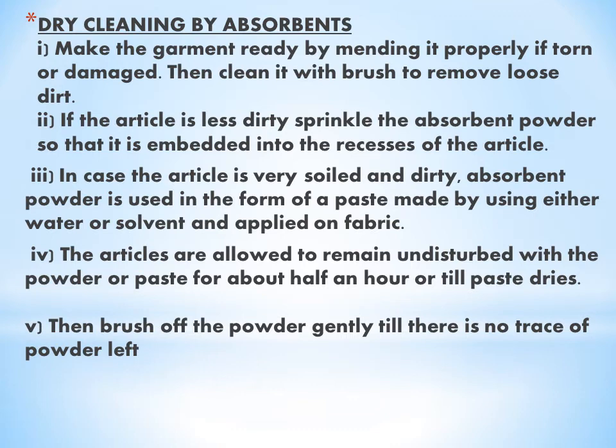In case the article is very soiled and dirty, absorbent powder is used in the form of a paste made by using either water or solvent and applied on the fabric. The articles are allowed to remain undisturbed with the powder or paste for about half an hour or till the paste dries. Then brush off the powder gently till there is no trace of powder left.